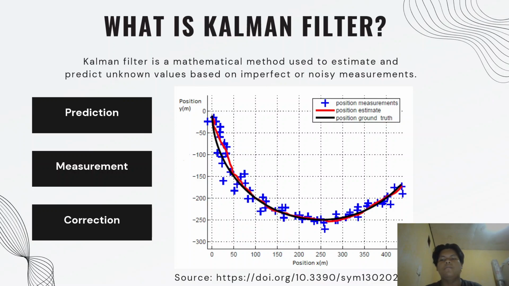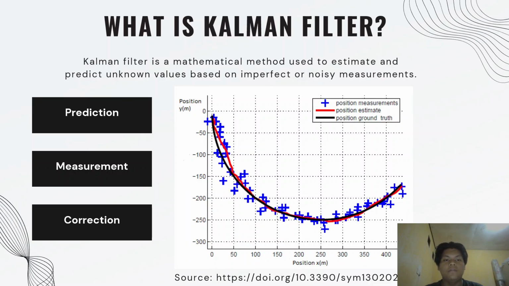The Kalman filter will provide a correction to your position estimate and uncertainty. This means the filter will give more weight to accurate measurements and less weight to inaccurate data.